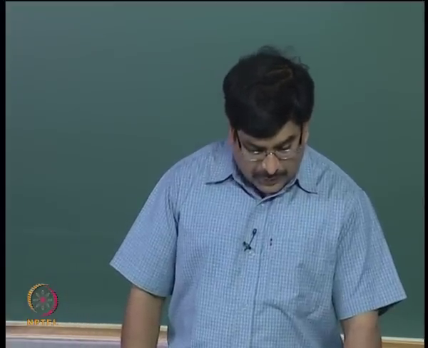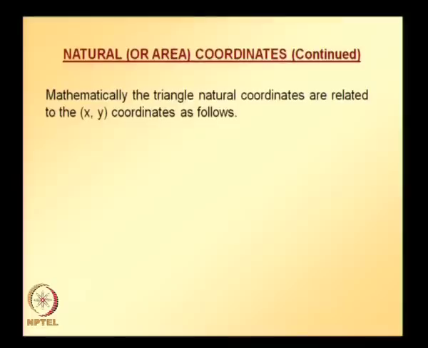So, with this understanding, mathematically the triangle natural coordinate system is related to the xy coordinate system as follows: x is equal to L1 x1 plus L2 x2 plus L3 x3. Whether this relation is correct or not can be easily verified by making the point coincide with any of the nodes.